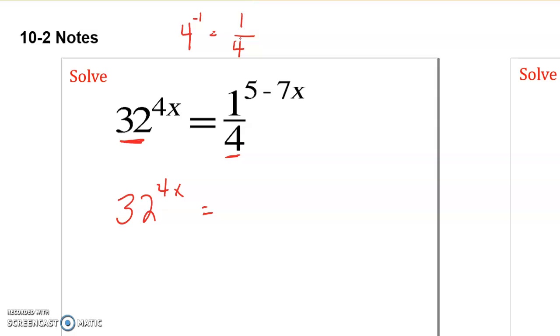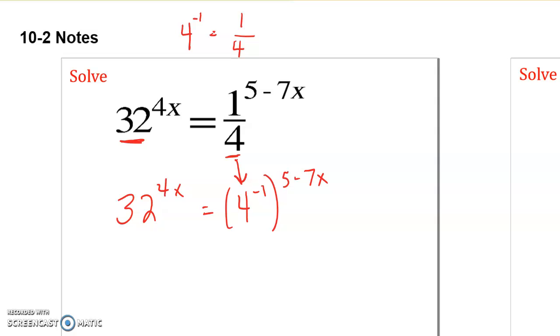So anytime I have a fraction, I can rewrite it, but now I'm going to use a negative exponent. Now, I'm not done. All I did was change that 1/4 to a 4, bringing it to the power of negative 1. Remember, these are powers. They're up high, they're powers.